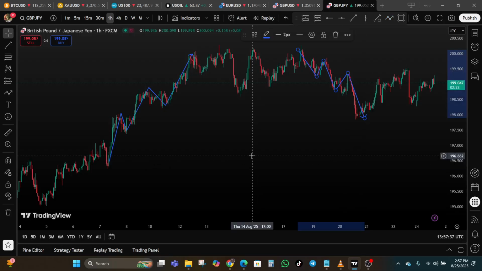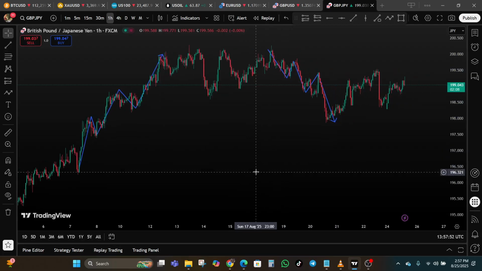Now the 1 hour time frame makes it less confusing compared to very short time frames where candles are all over the place. Learning to spot the overall direction is the foundation of the H1 trading strategy.